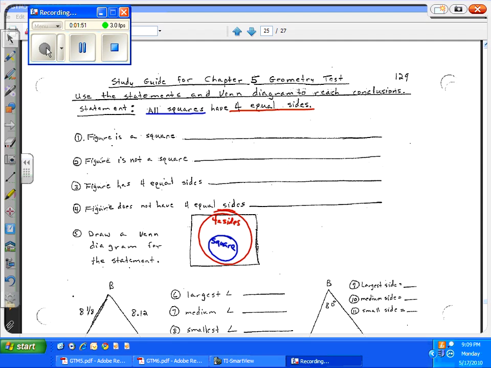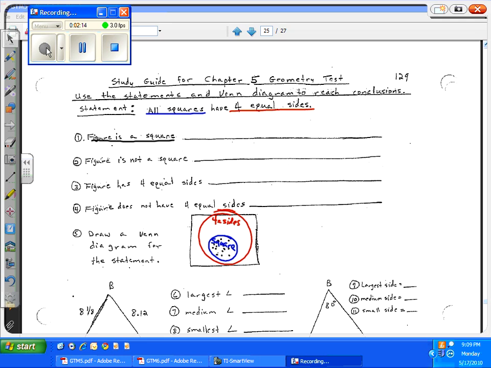Now, all squares have four equal sides is true because that's part of the definition of a square. A square has four equal sides and four right angles. So let's say that we're given that the figure is a square. If the figure is a square, it's got to be in the little circle.